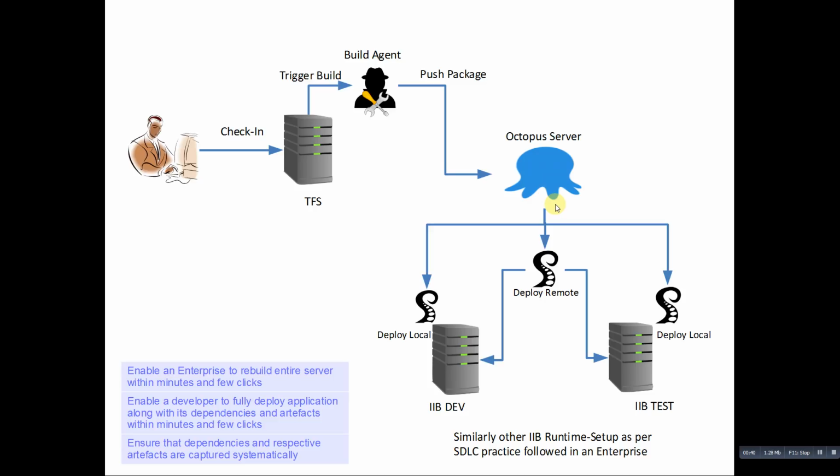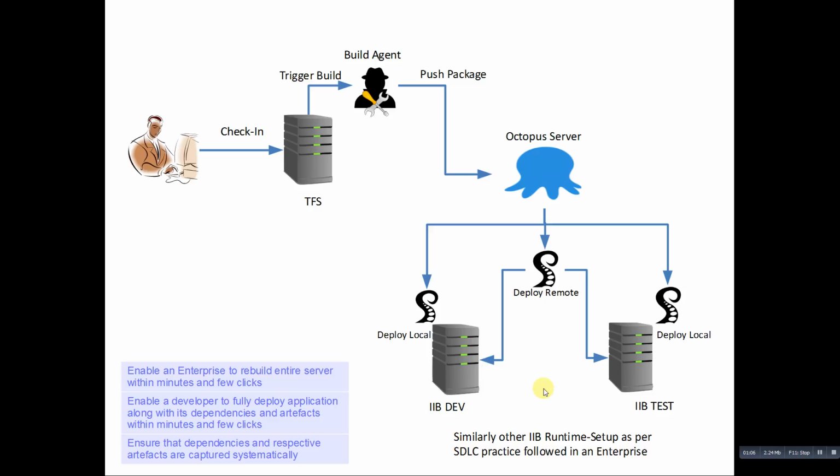Octopus server, once it has identified there has been a change in the release for a package, will create or trigger a release in an automated fashion, and the life cycle would ensure that the new release is automatically deployed to a runtime box.